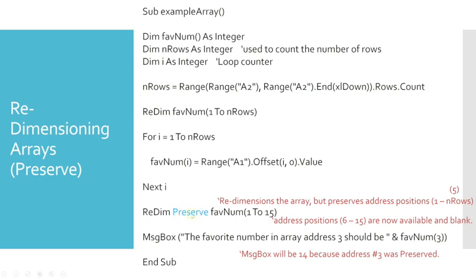When you put the keyword preserve there, then what you put is still retained. So now, when this message box is displayed, the 14 will be displayed in the message box. Okay, so that's an important thing to remember. If you want to keep what's there and you're making the array larger, you've got to use the keyword preserve along with the redimensioning.